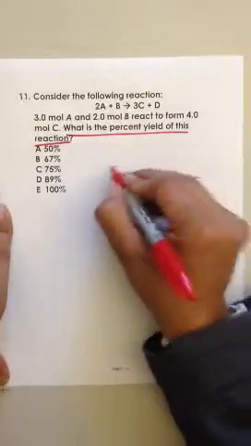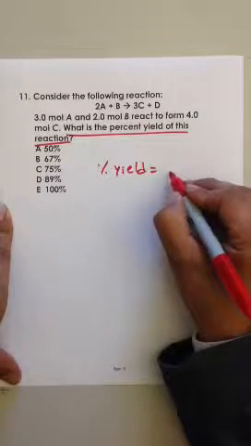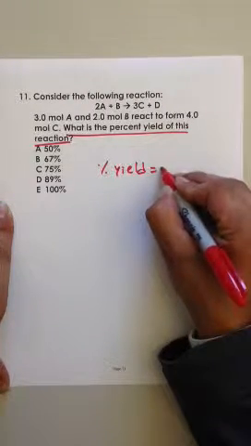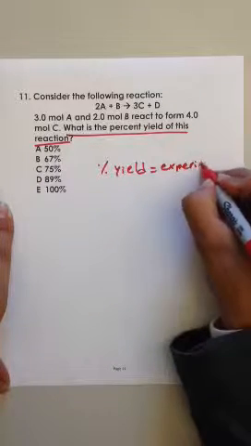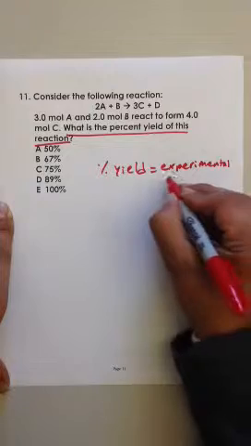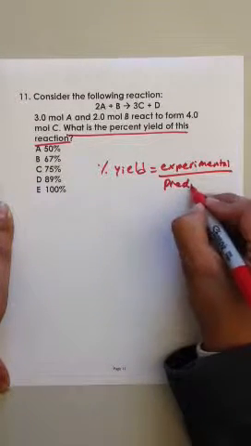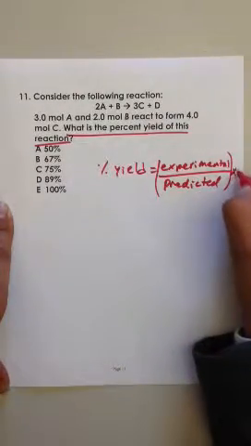Remember, percent yield is basically going to be the experimental value, so what you get, versus the predicted, or what it should be, times 100.